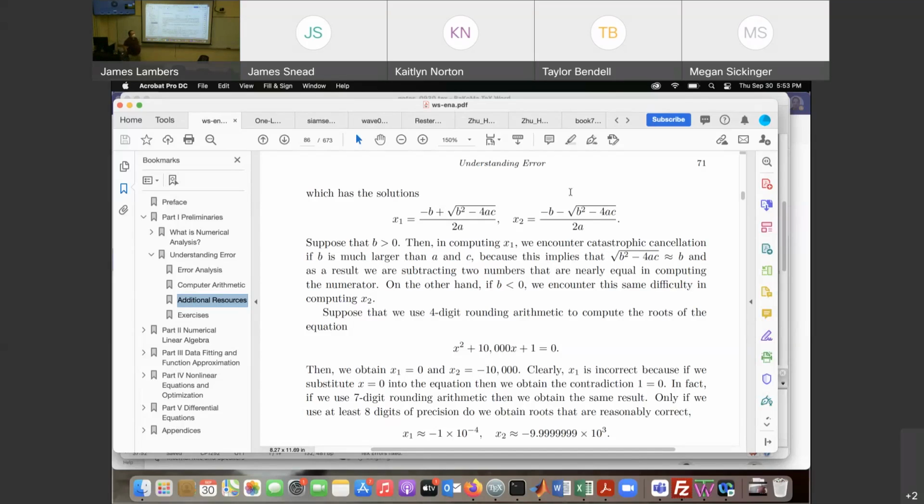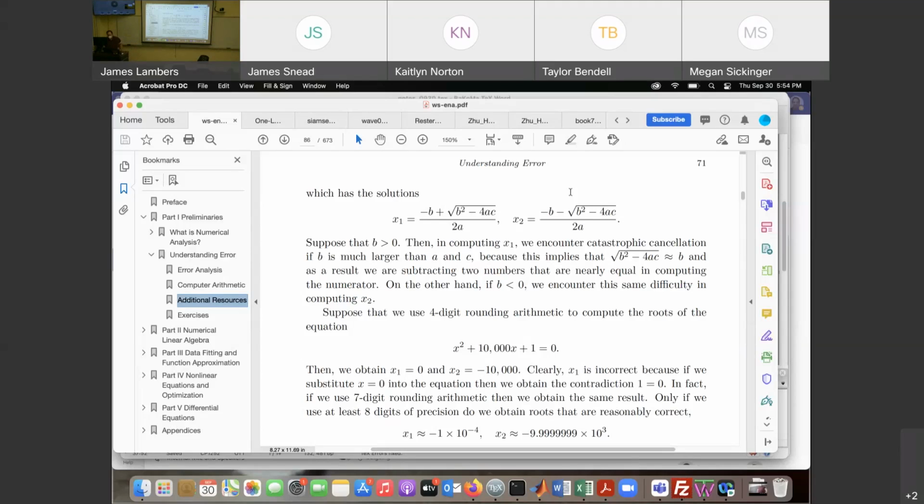Yeah, either formula, the original quadratic or revised quadratic, will be fine for one root and not fine for the other. So for both roots, you have a way to compute each root that's stable. Okay, thank you. That helps.